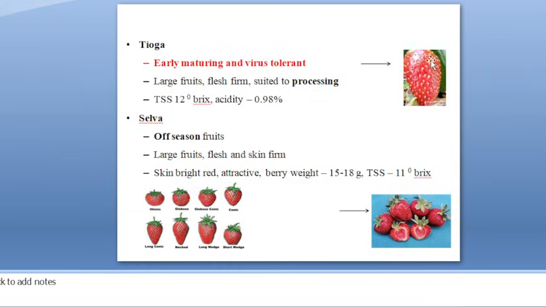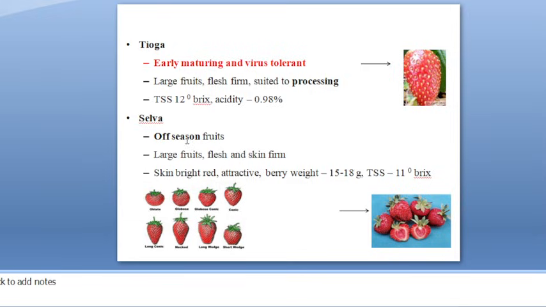You can see the elongated fruits, and even the bigger seeds outside. Because of this virus tolerance, this can be used as a parent also. Apart from this, because of its good TSS, like 12 degree Brix, and acidity, it is also suitable for processing purpose.